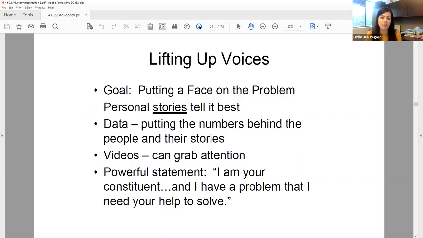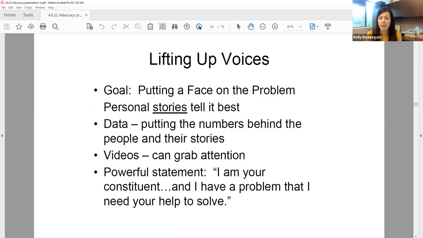But these stories, you hear them every day from the people that you're working with, people in your communities. It could be a family member who can't get drug treatment because they're uninsured or they don't have reliable transportation. It could be a neighbor who has diabetes and can't afford their insulin. So these are personal stories, and they really do tell it best.